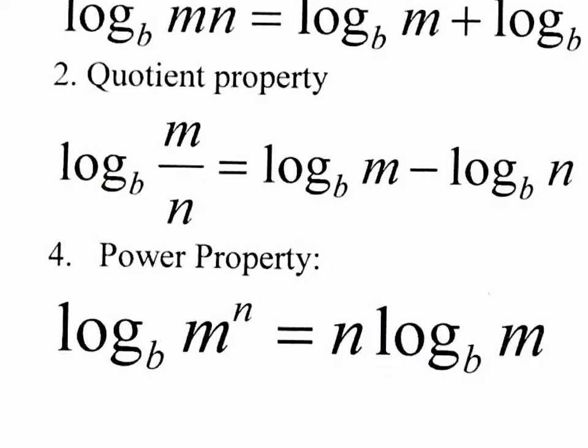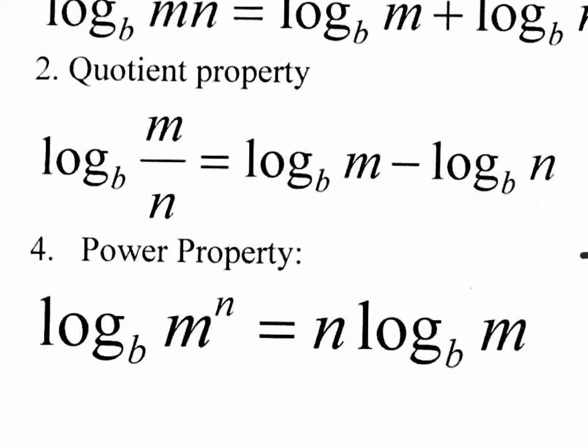It says when you have log of something divided by something, you could write this as log of the top minus log of the bottom. That's what the property says right here. You see it? Log of m minus that same log of n. I'm sorry, n, not b. So log base b of m minus log base b of n. That's what we're doing. We're using the quotient property.